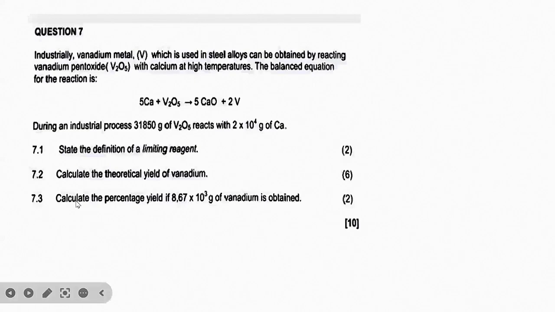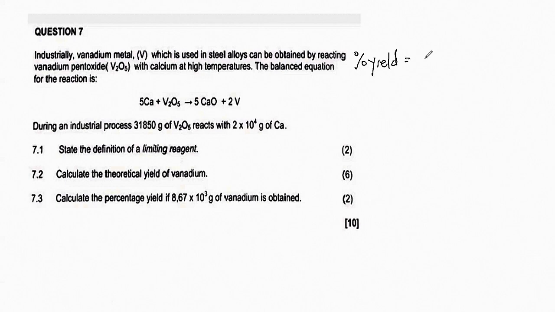So the next question, they're saying calculate the percentage yield if 8.67 times 10 to the exponent of 3 grams of vanadium is obtained. Now, as you can see here, that is only for 2 marks, so a straightforward question. In order to calculate that, you need to know how we calculate the percentage yield.